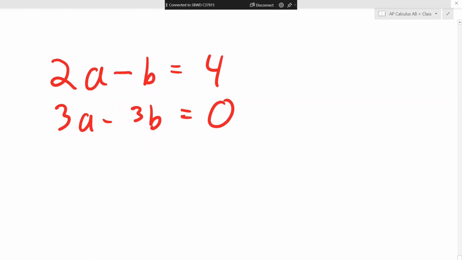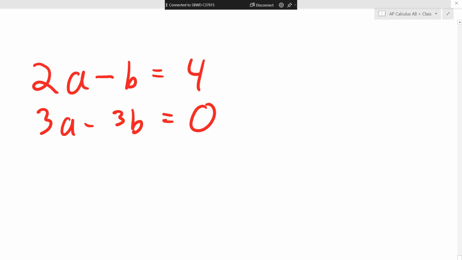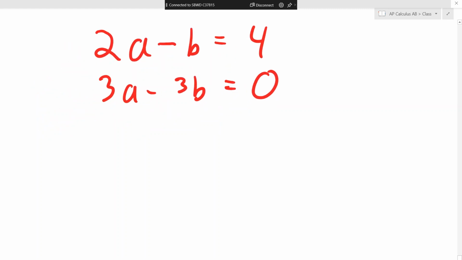So you can do substitution and everything with this, but if I were you, I would just multiply to cancel out one of these variables. It's always so much easier. It's way less work. All right. So I'm going to multiply the top equation by negative 3, and put it right underneath the other one.